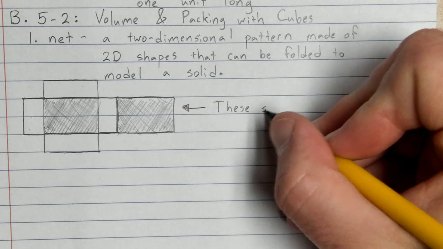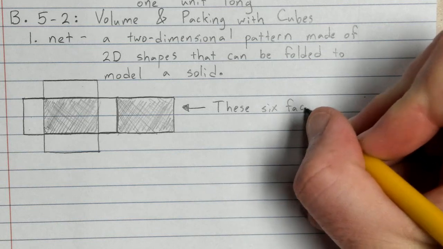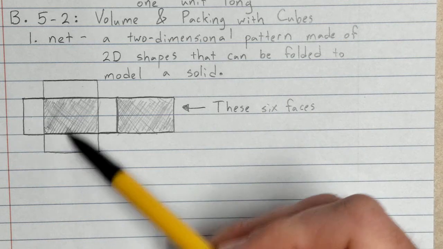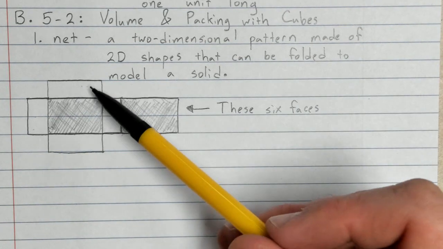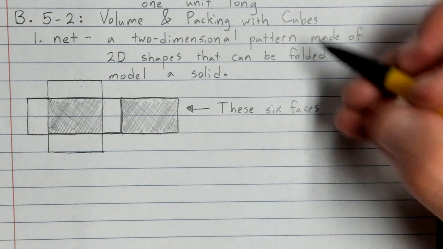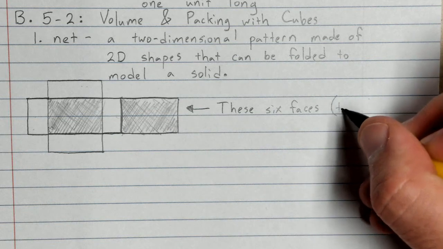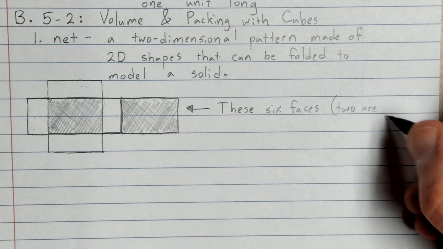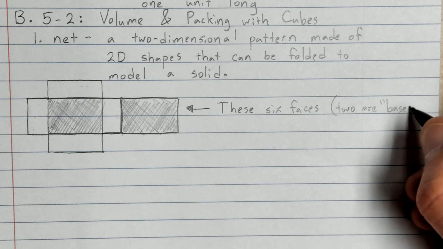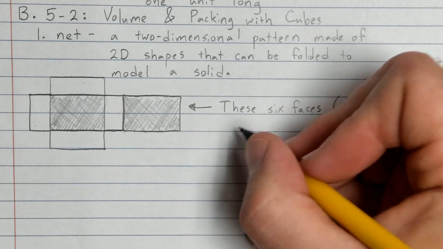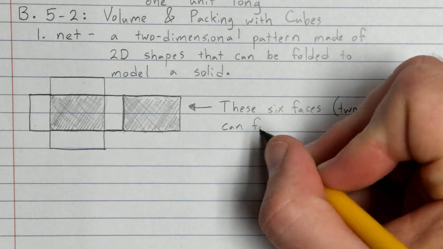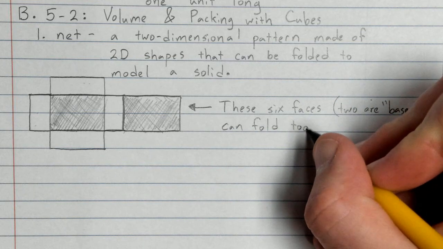These 6 faces, 1, 2, 3, 4, 5, and 6. These 6 faces, 2 are bases. We talked about how 2 of them are bases. These 6 faces can fold together.